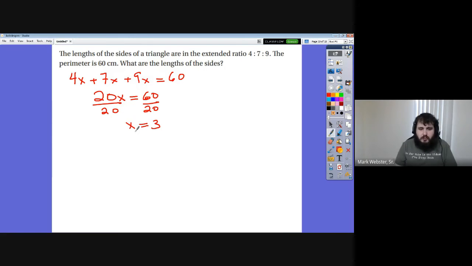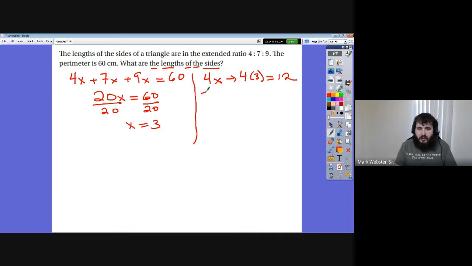So this is the value of each part. Well, now we want to figure out the lengths of the sides, right? Well, so we got to find all 3 of them. Last time they only asked us to find one. Here, we're actually being told we want to find the whole thing. So let's start off with the smallest one, right?